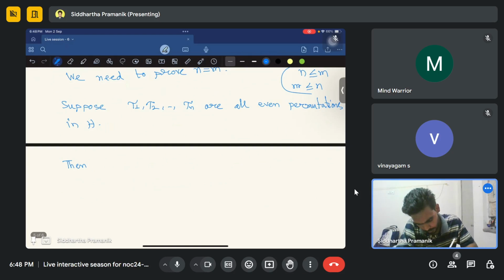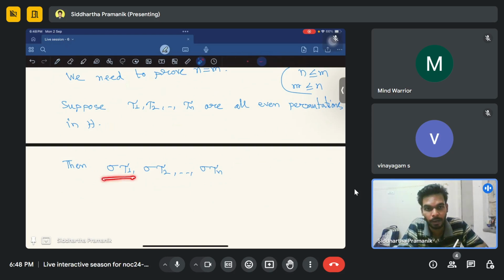Means this product sigma tau 1, sigma tau 2, up to sigma tau n. So is sigma tau 1 even or odd? It is odd, right? Because sigma is odd and tau 1 is even. So the product should be an odd permutation.